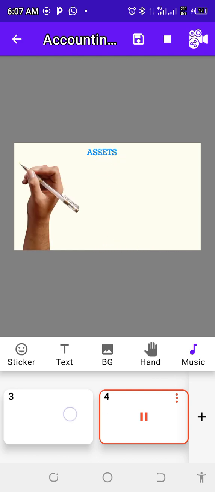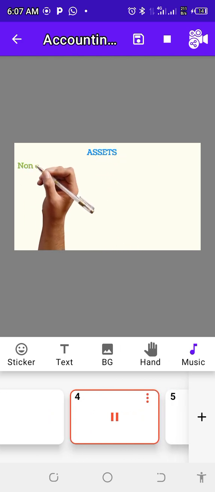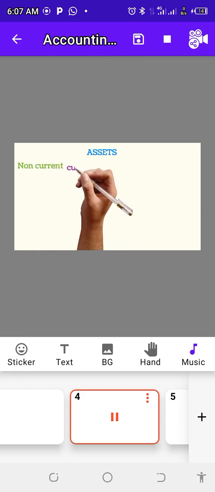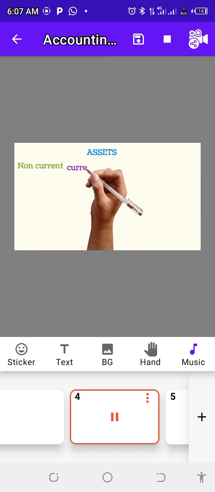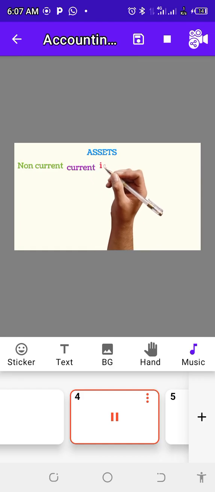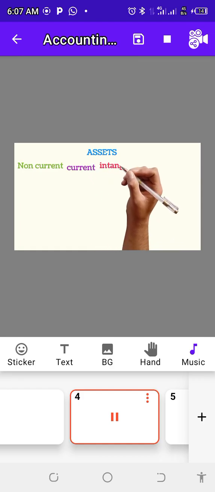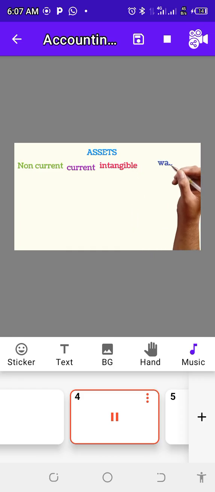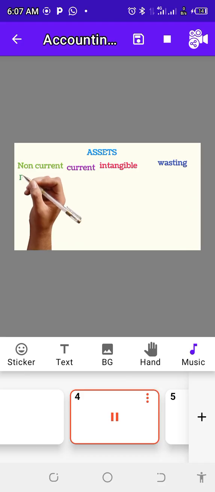Now we are going to take examples of the asset classifications: non-current assets, current assets, intangible assets, wasting assets. We are going to enumerate examples of each.